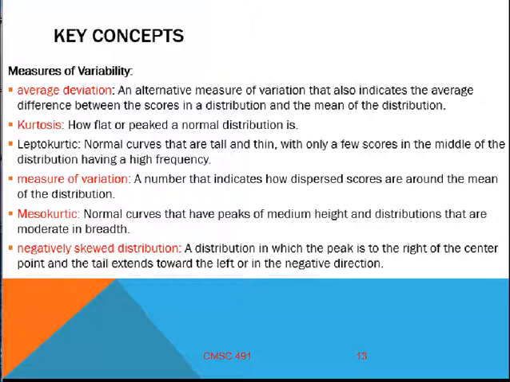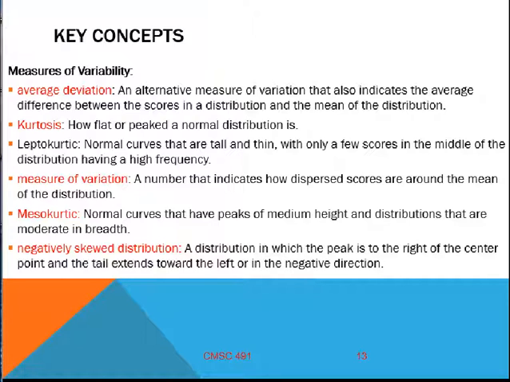In addition to the variability of the distribution of numbers, it's important to know about the shape of that distribution. Is the shape symmetric? Is it tall and thin, or is it flat? Based on these characteristics, we can mathematically do things with a distribution. An important measure of the shape of a distribution is called skewness.